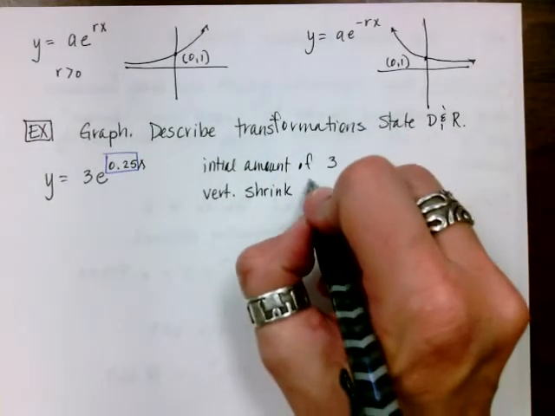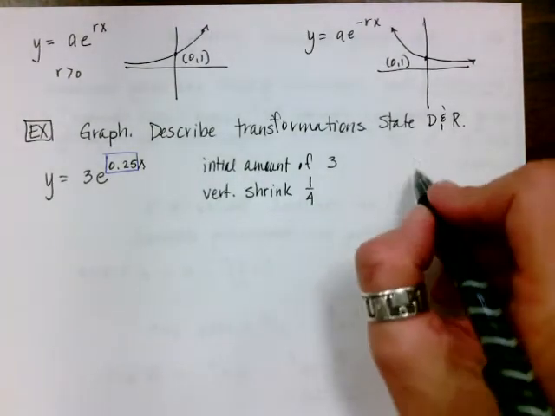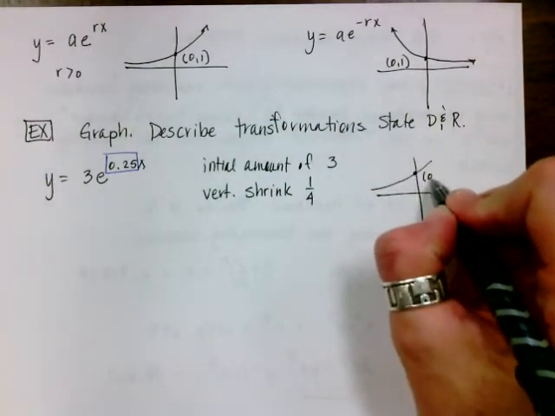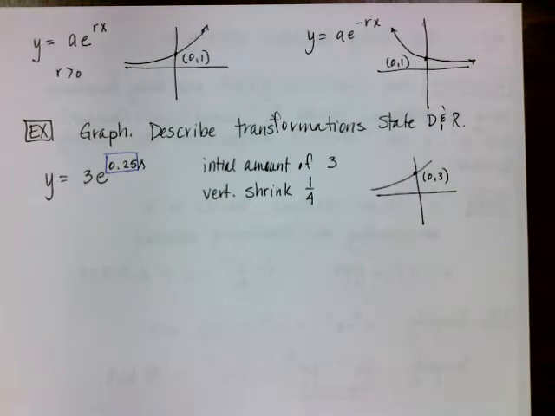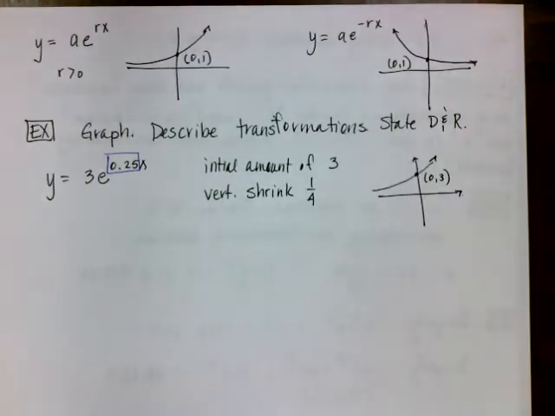And remember, 0.25 is the same thing as a fourth. If I put this in my grapher and look at the graph, I would find that my y-intercept now is (0, 3). Okay, and that would be my sketch of the graph.